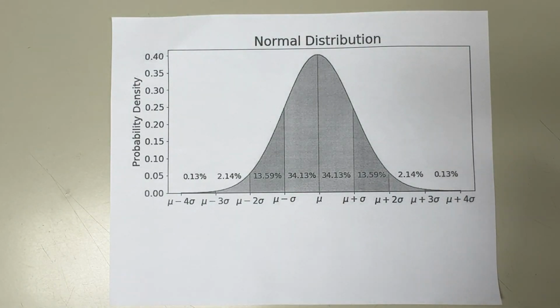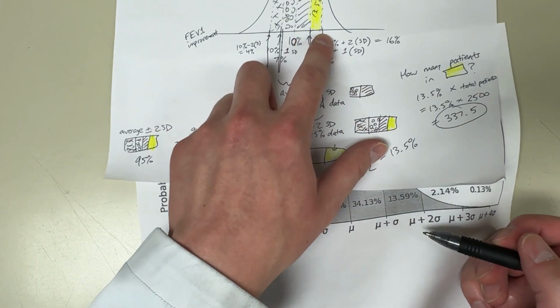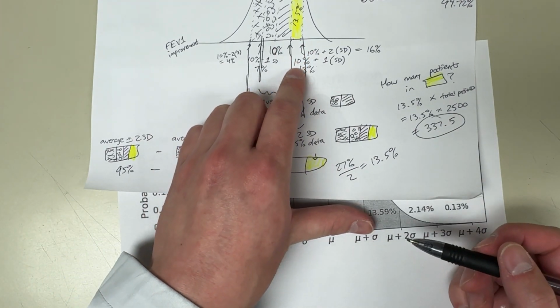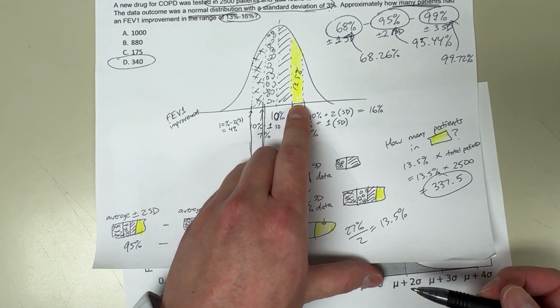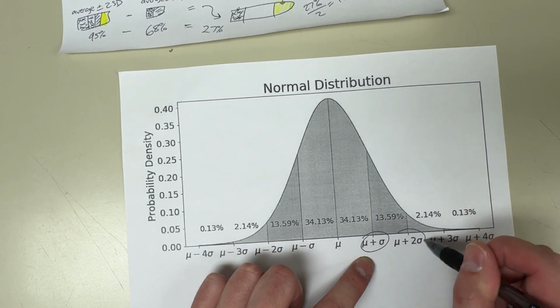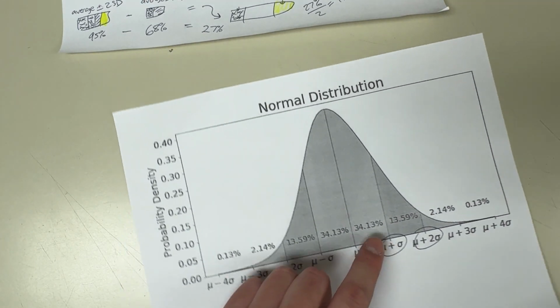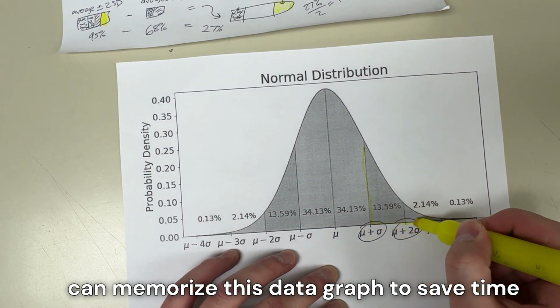Take the actual normal distribution percentage. And remember the question here, our highlighted area is between plus 1 standard deviation and plus 2 standard deviations, is what our question was asking for. So it's actually between here and here. So this area is the same thing as our highlighted area here.